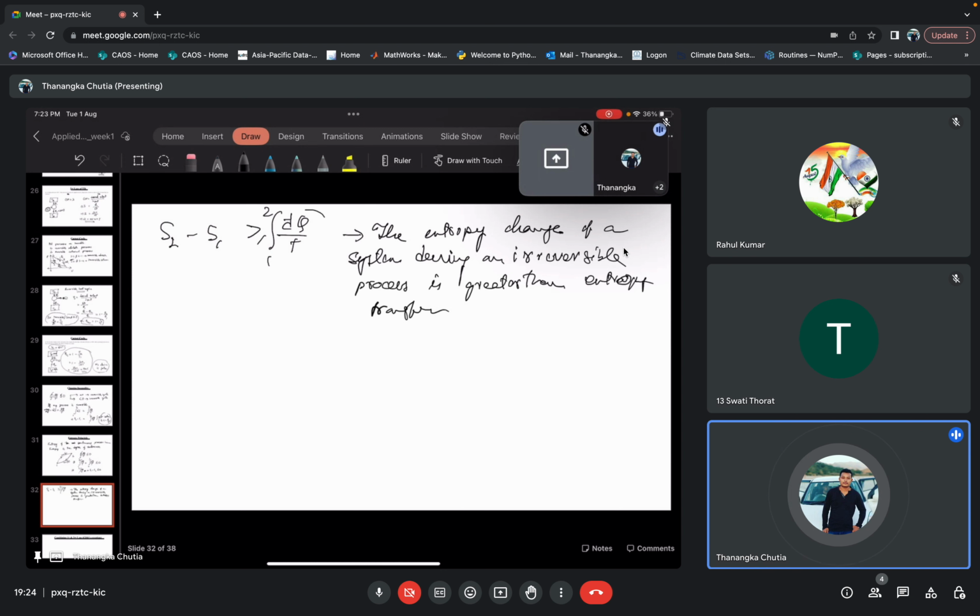This is my entropy transferred and this is my entropy change, which is greater because the greater than sign holds in case of inequality.